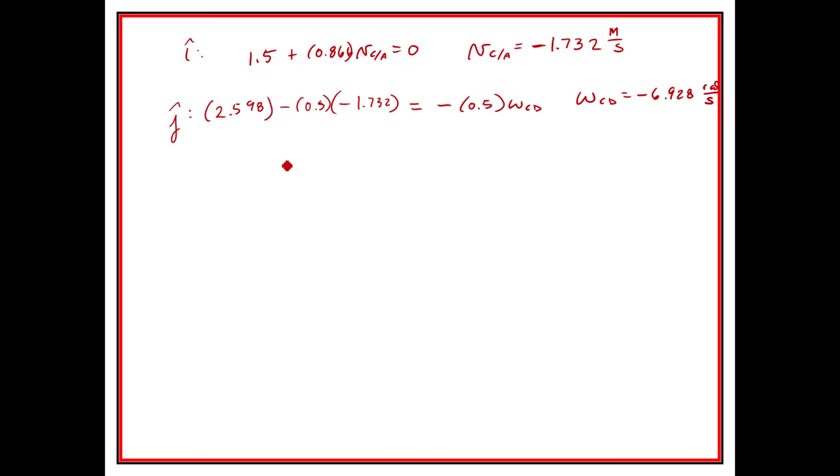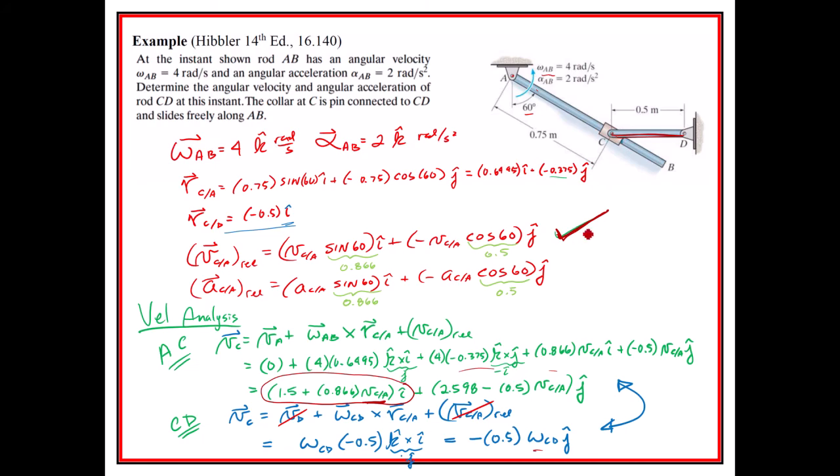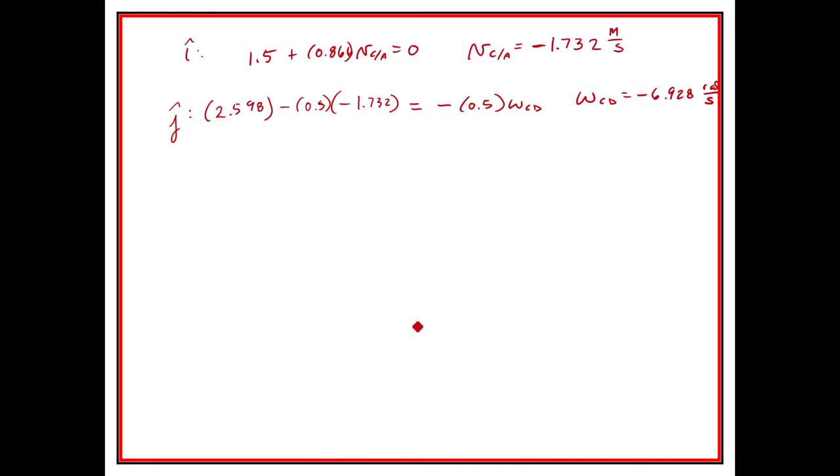If we wanted to have the solution to this, we would plug in, once again, this guy right here. We'd plug that VCA in there, and we were able to get VC with respect to A as a vector, multiplying that negative 1.732 times the thing, ends up being negative 1.500 I plus 0.8660 J, and that's in meters per second.